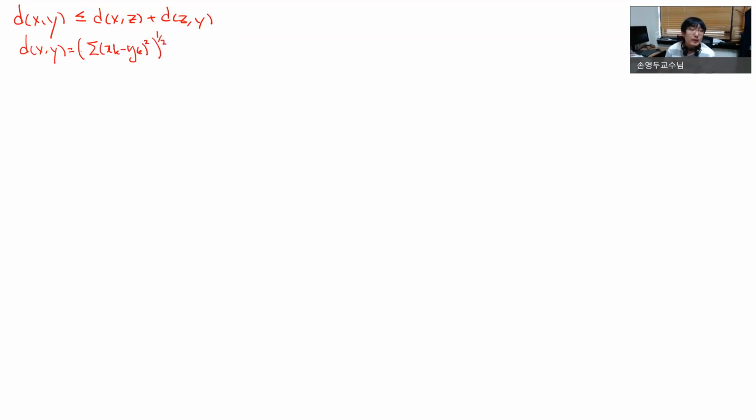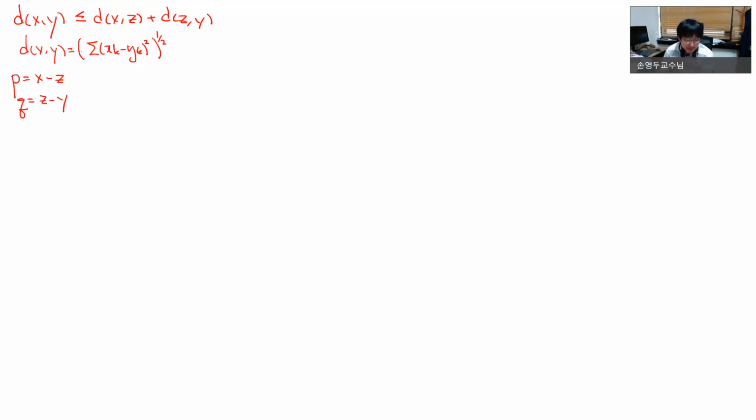Okay. So we show it by using the quadratic equation and the Cauchy-Schwarz inequality here. Let's put p as x minus z and q as z minus y. Okay.